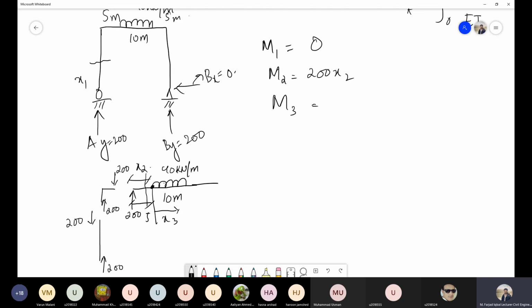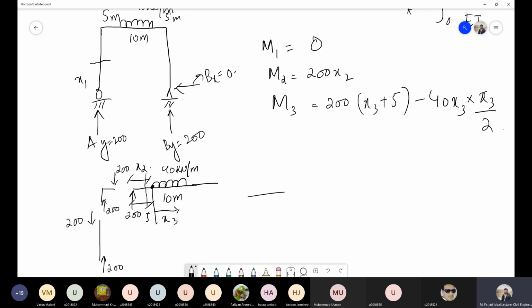So if I write the equation for this section 3, I will write 200 into x3 plus 5, and the second force is this 40 that is acting in the opposite direction. So my equation will be minus 40 into x3. So we convert this into point load, and the moment at this section will be half of this one.